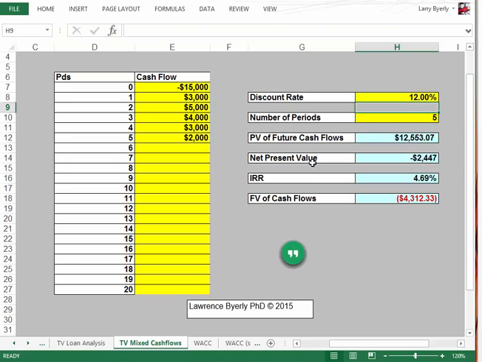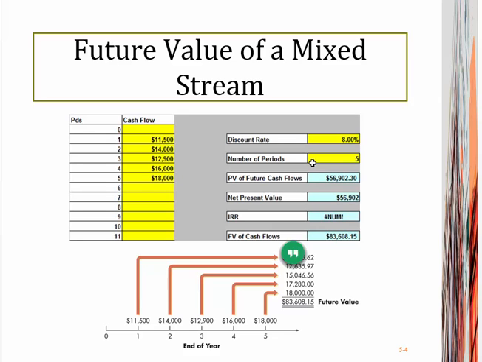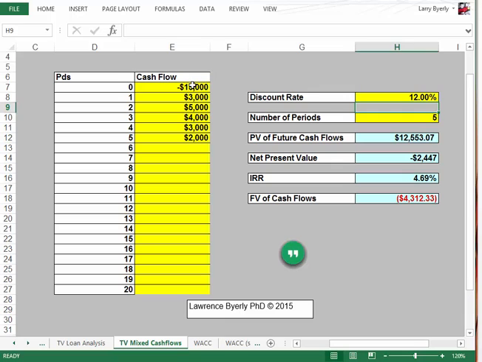So what does that look like? Here is the example. I want to go back to my spreadsheet and incorporate this.